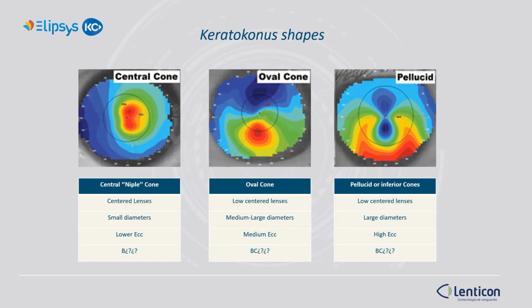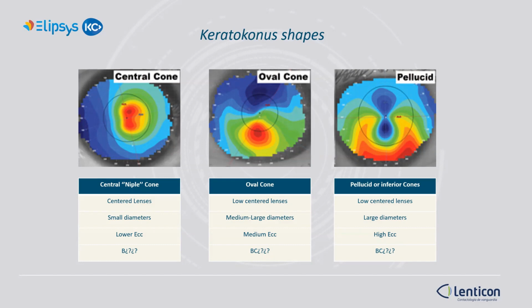As you know, there are different keratoconus shapes, depending on where the apex is located and its shape. Central or nipple cones will require lenses in small diameters and lower levels of eccentricity. They will be easy to center. Oval cones will require medium to large diameter lenses, as well as medium eccentricities.